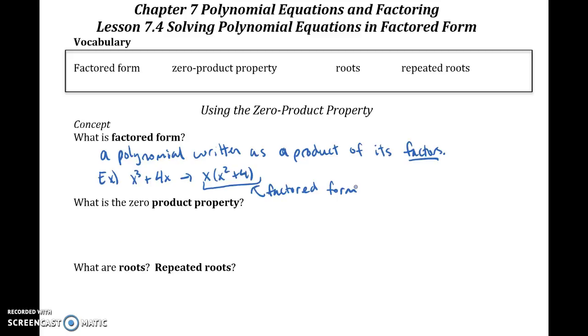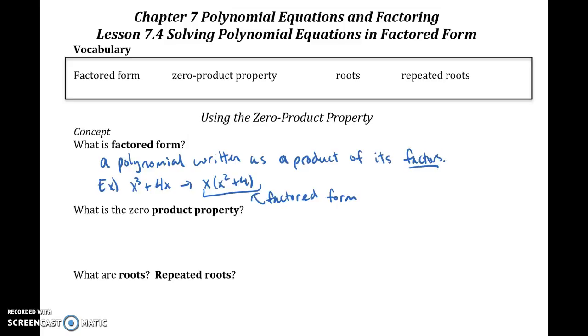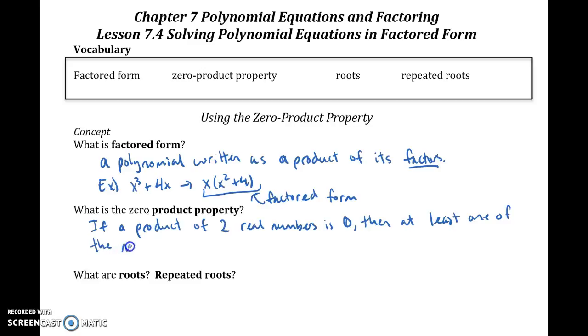So writing that down would say: if a product of two real numbers is 0, then at least one of the numbers is 0.